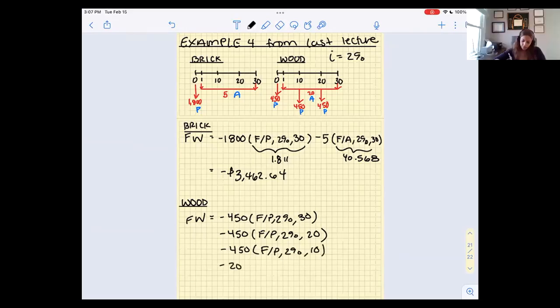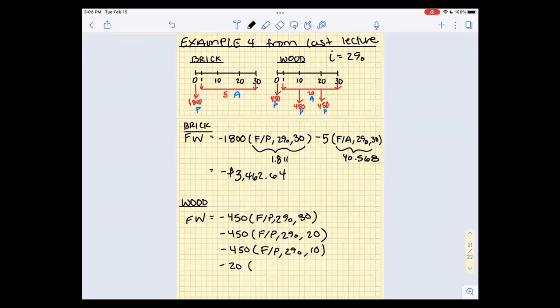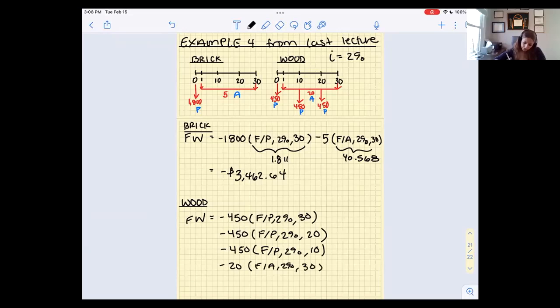And how about the 20? That would be F given A, 2%, 30.